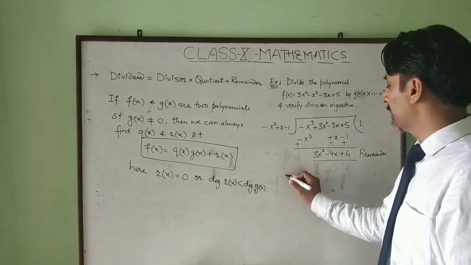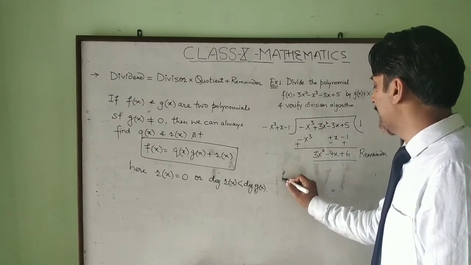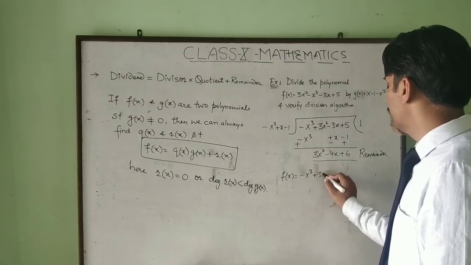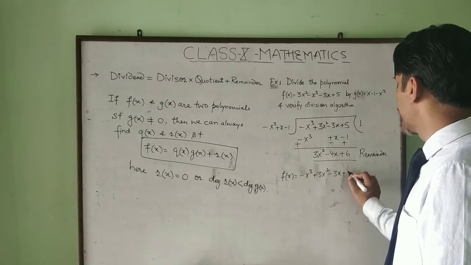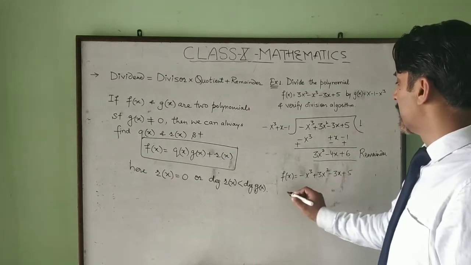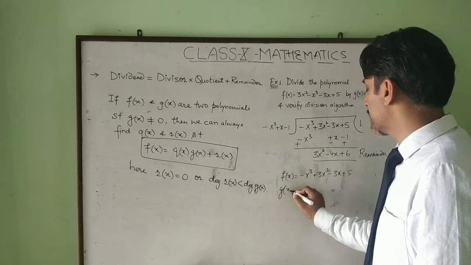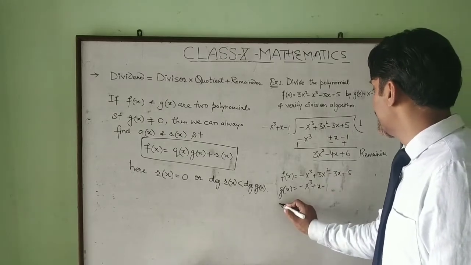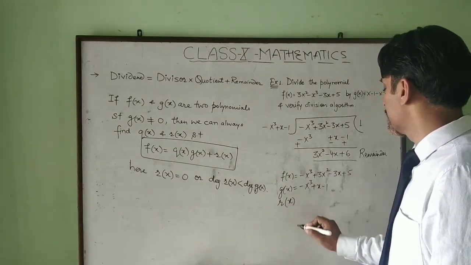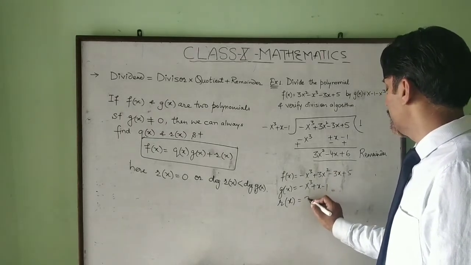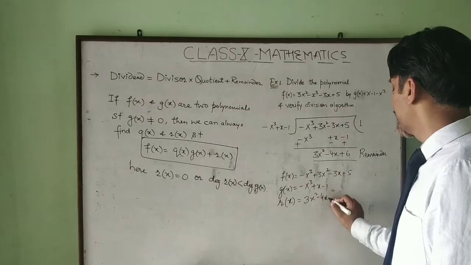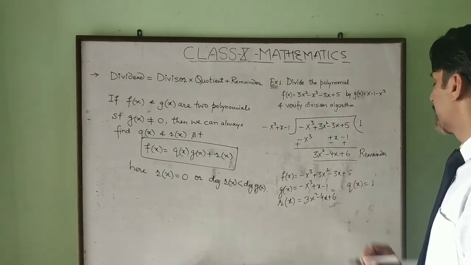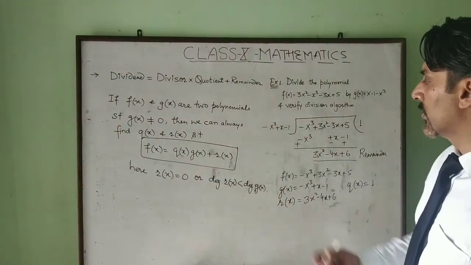So here I will be writing the division algorithm. My f(x) is minus x cube plus 3x square minus 3x plus 5. And my g(x) is minus x cube plus x minus 1, and my r(x) is 3x square minus 4x plus 6, and your q(x) is equal to 1. So you can substitute the values over here.